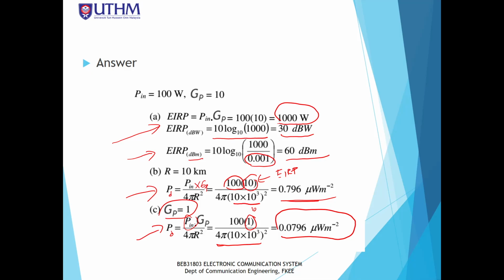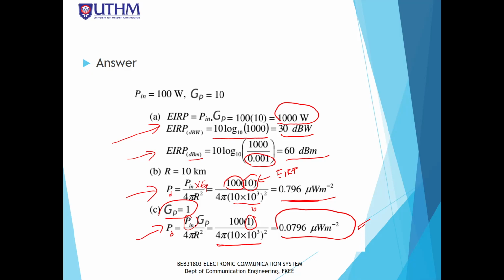So that means if we use an isotropic radiator, we are going to achieve a smaller amount of power density at the same distance, 10,000 meter away. Remember, class, theoretically we want to achieve a power density as high as possible, sebesar yang mungkin.